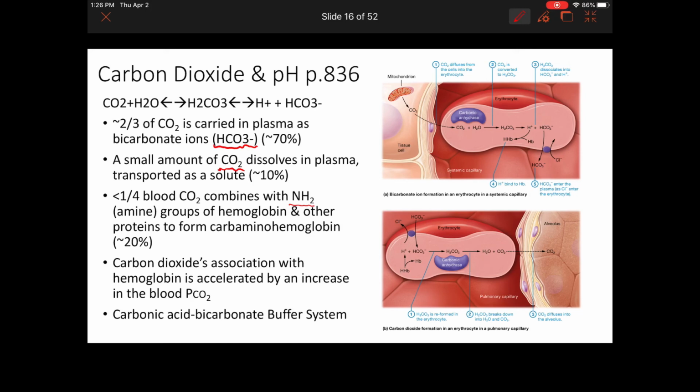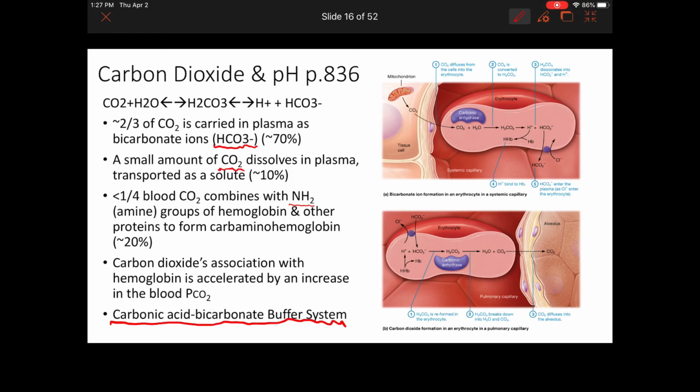So generally speaking, the more carbon dioxide that is present in the blood, the higher the partial pressure of CO2. And that shouldn't be a huge surprise. But this relationship between carbon dioxide and water and carbonic acid forms what is called the carbonic acid bicarbonate buffer system.